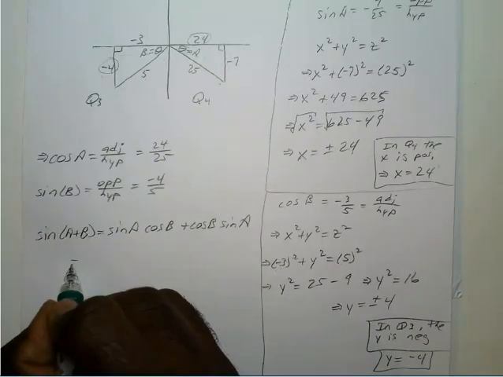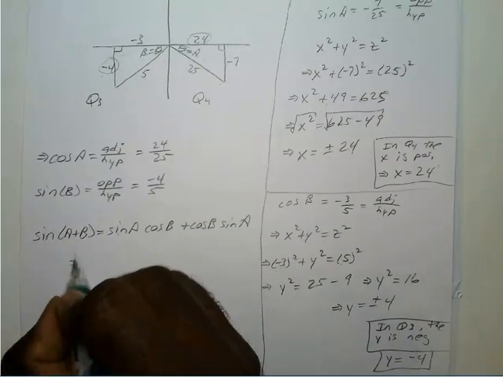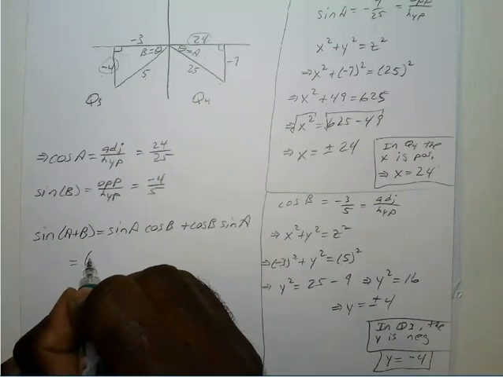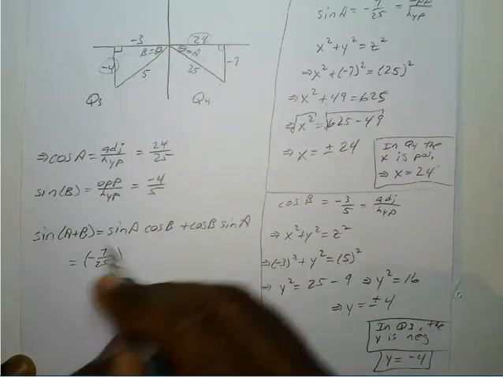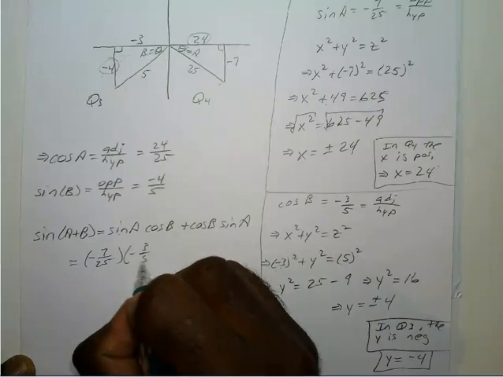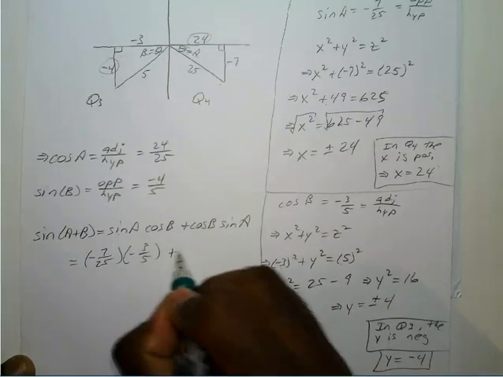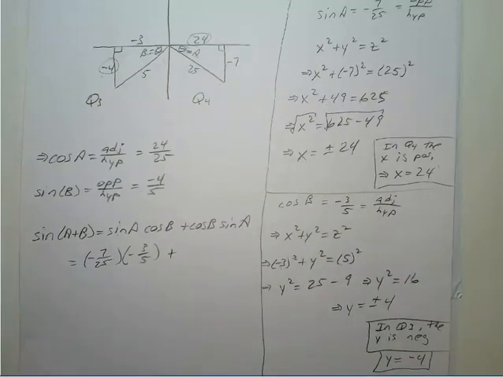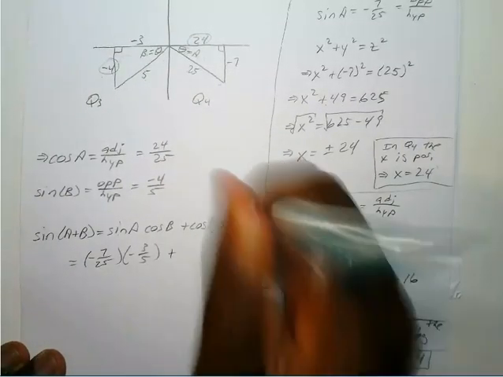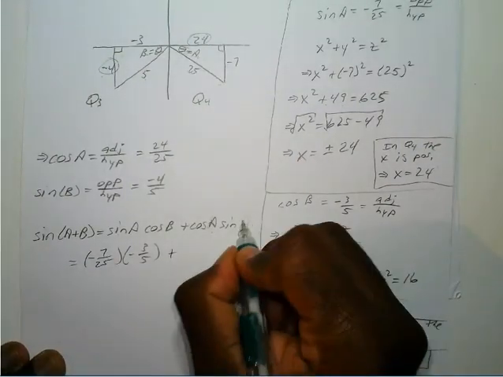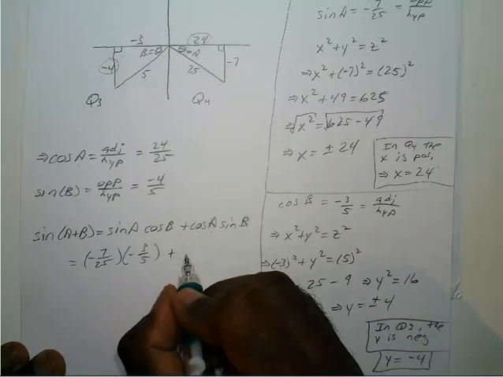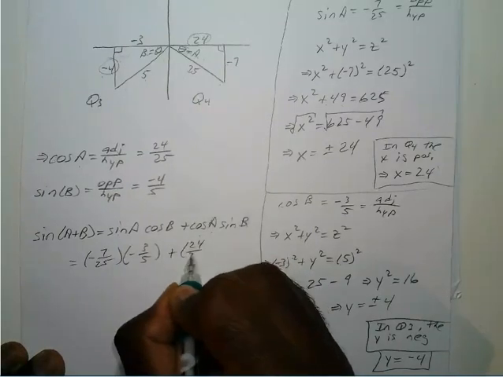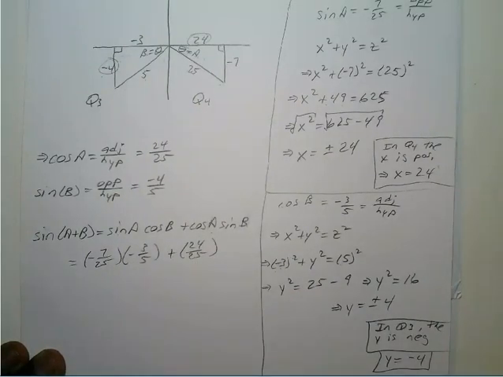So that means this is going to equal sine of A, which we were already given at the beginning, which is negative 7 over 25, times cosine of B, which is negative 3 over 5, plus, oh, this should be cosine of A sine of B. Sorry about that. Cosine of A sine of B. So our cosine of A, we just found that, which is 24 over 25. And our sine of B, we just found that, which is negative 4 over 5.